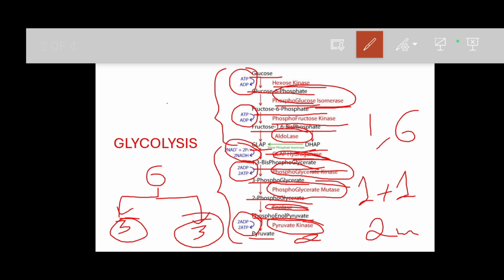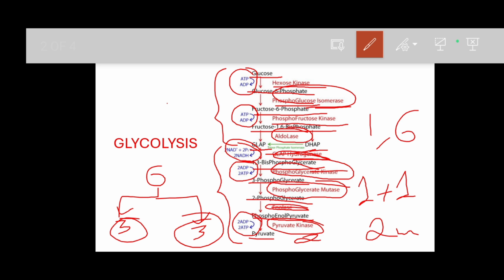From fructose 1,6-bisphosphate, glyceraldehyde 3-phosphate and dihydroxyacetone phosphate are formed, but the dihydroxyacetone phosphate gets converted into glyceraldehyde phosphate. Then this glyceraldehyde phosphate gets converted to 1,3-bisphosphoglycerate, then to 3-phosphoglycerate, 2-phosphoglycerate, phosphoenol pyruvate, and finally to pyruvate. So these are the steps of glycolysis.